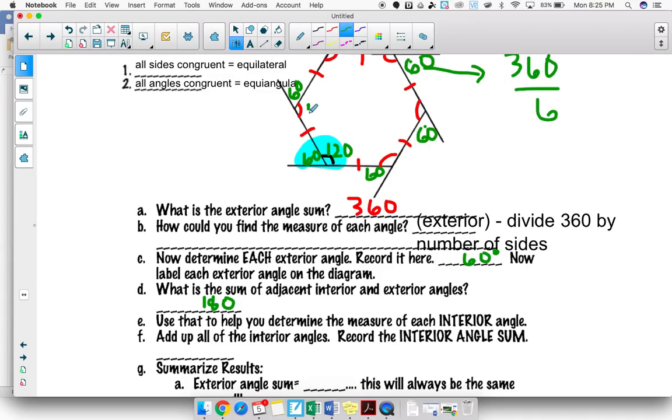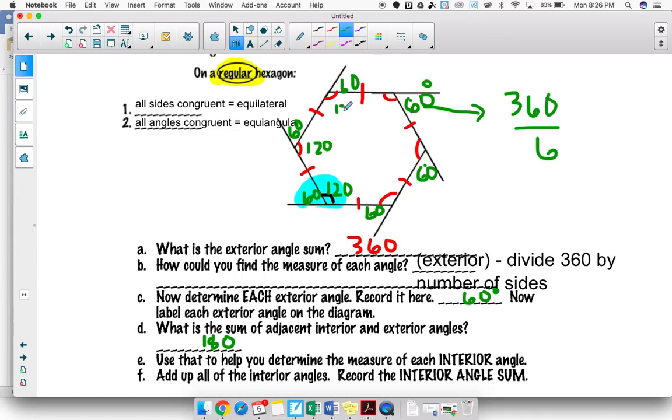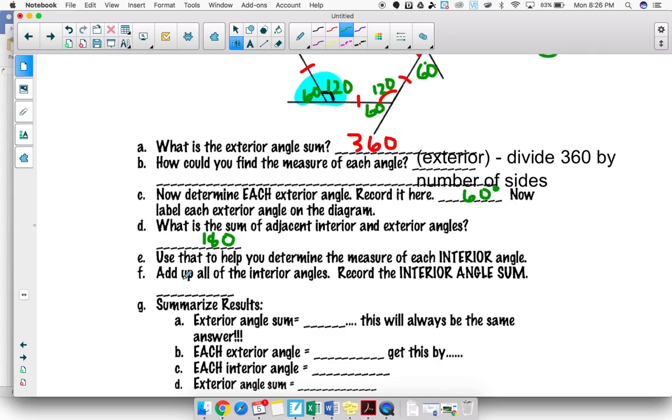All right, and so if these are each 120, I'm glad we don't have to do this every time, just when we are looking for patterns. Those are each 120, so if we want the sum of those, we're just going to add those all up, or for simplicity's sake, we have 6 of those. The interior angle sum is just going to be 120 times 6, which is what, 720?